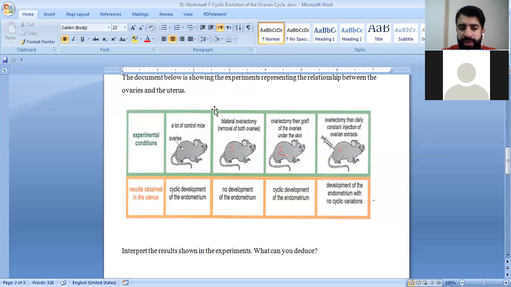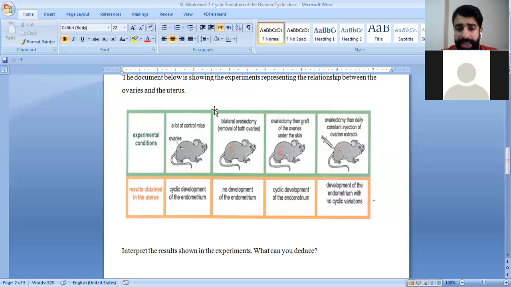Okay, the removal of both ovaries. What happens? It leads to no development of the endometrium. Okay, this indicates that? This indicates that without the ovaries, there is no development of endometrium, meaning that the ovaries are important for the development of the endometrium.